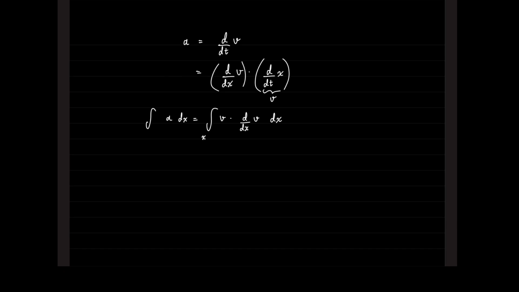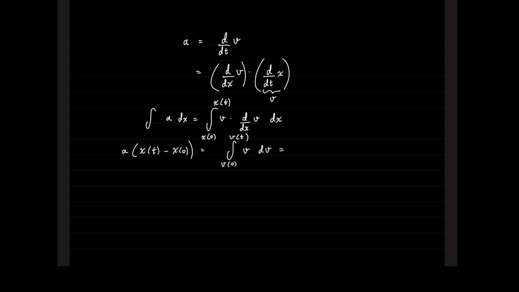From x0 to x of t. So we'll get on this side, the domain is changed from x of 0 to v of 0, and this to v of t.